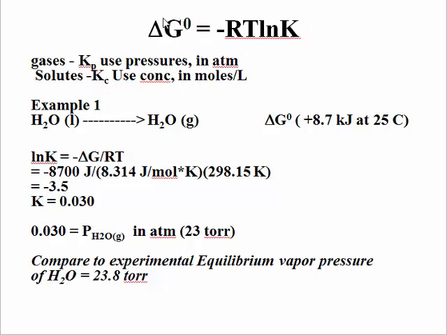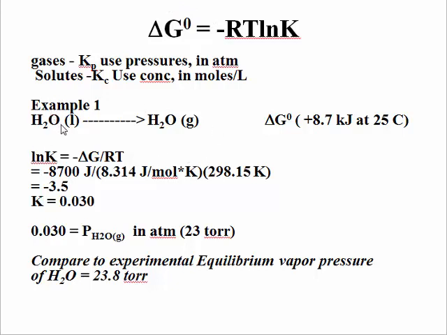For positive delta G, you have small K. The reactants are favored. In other words, for quote-unquote non-spontaneous reactions, K will be small and the reactants will be favored. For spontaneous reactions, K will be large and the product will be favored.